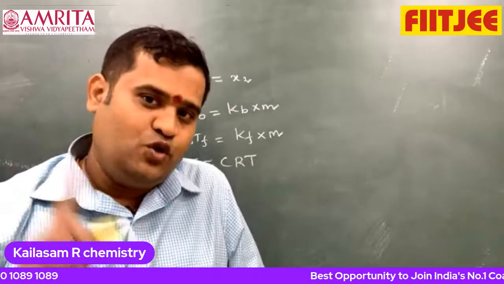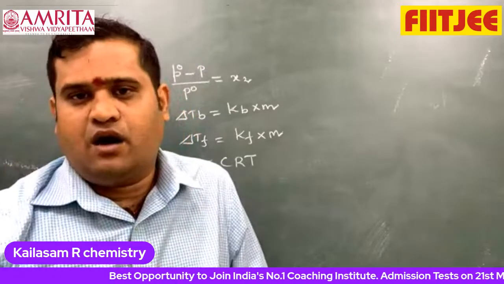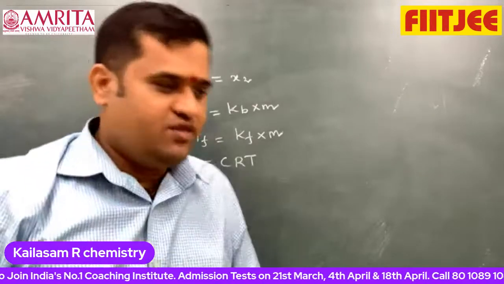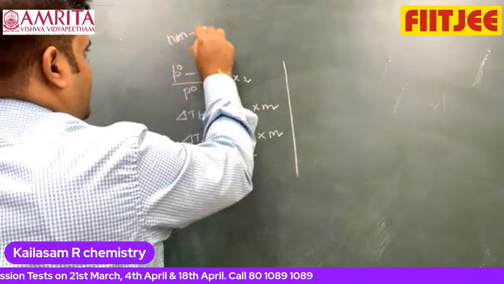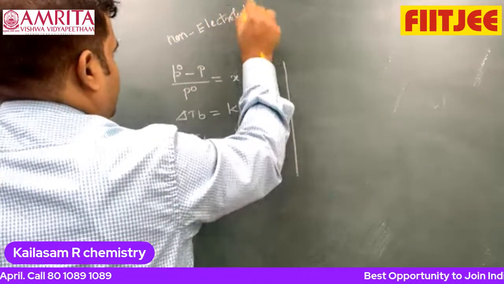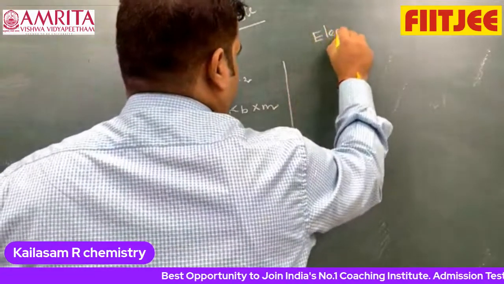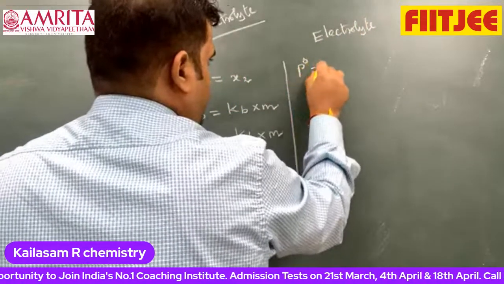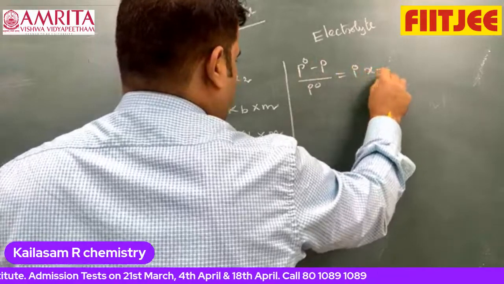Suppose the solute undergoes dissociation or association, you must introduce the factor called the Van 't Hoff factor, i. What is the Van 't Hoff factor? It must be used. So for non-electrolytes we use the above equations. For electrolytes, we can use P naught minus P by P naught is equal to i into X2.